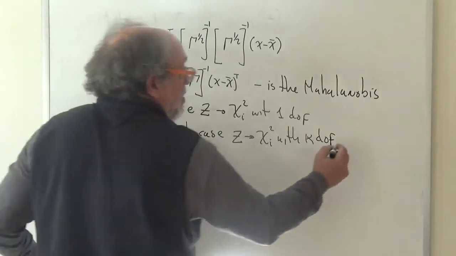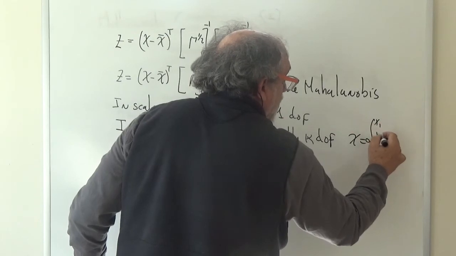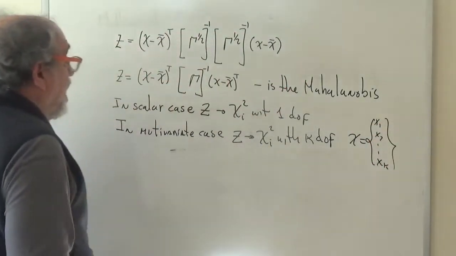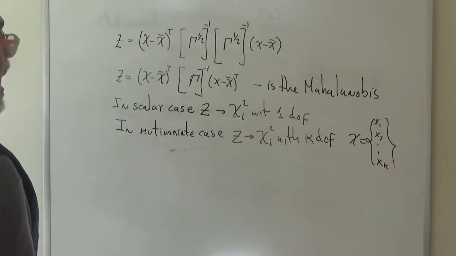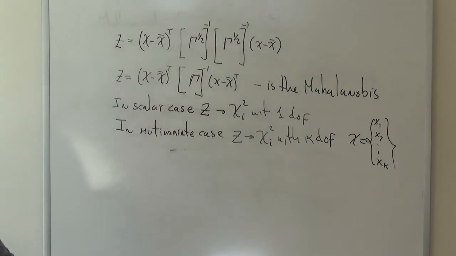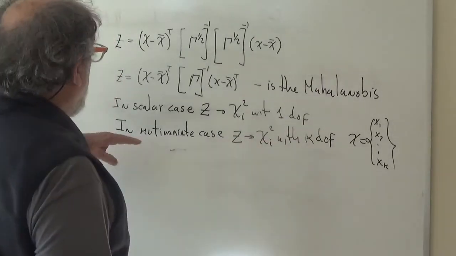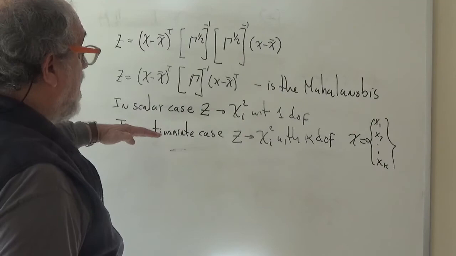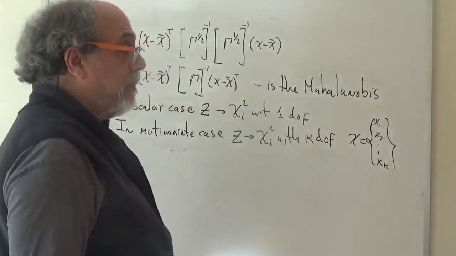And k is simply the size of the vector x, right? x1, x2, xk. Now, just like we have tables or MATLAB commands for the chi-squared with 1 degree of freedom, we also have something that tells us what is the CDF, the cumulative distribution function of the chi-squared with k degrees of freedom.